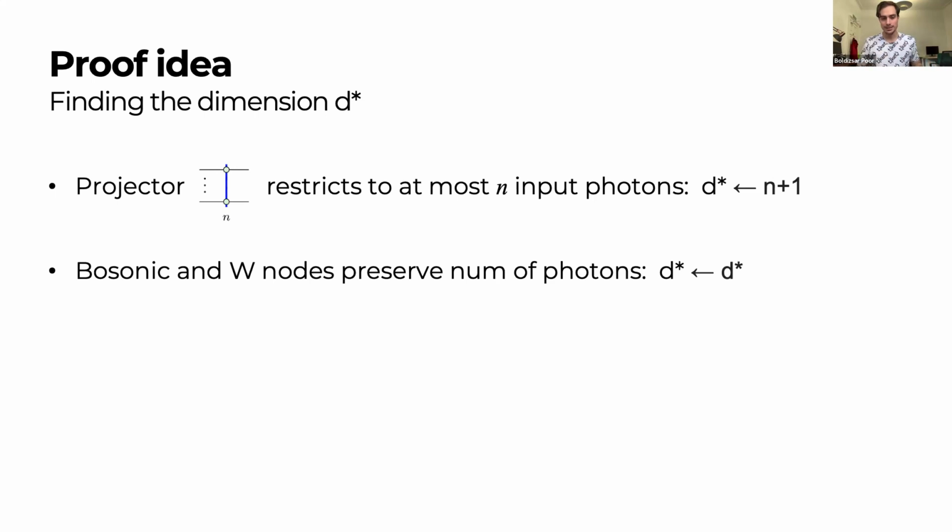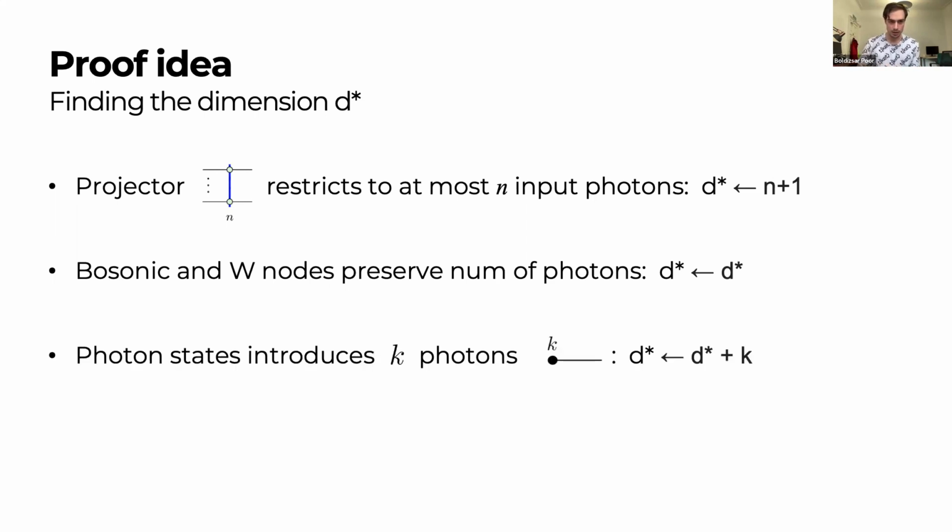So what it means is that we don't need to increase this d star because they can't change the number of photons. Naturally, if we have a k photon state, it increases our maximum number of photons by k. So after this, the d star will be set to d star plus k.